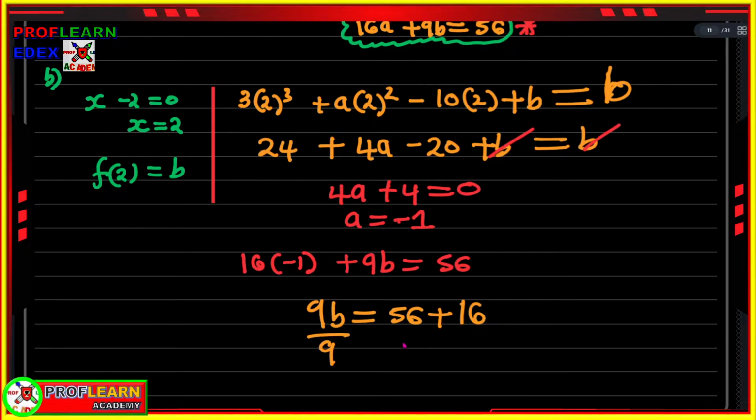Divide by 9, divide by 9. Our b is going to be equal to 72 over 9, and our b is going to be 8. 8 is going to be our value of b.